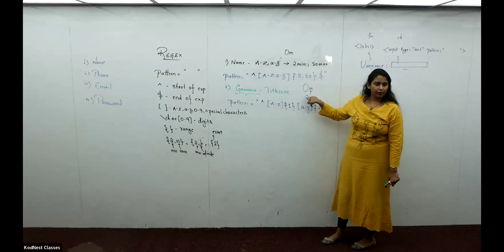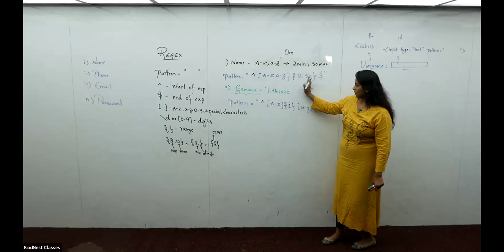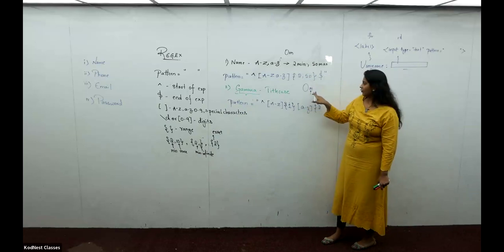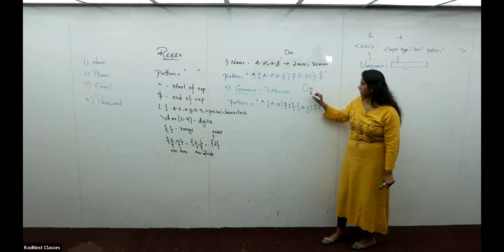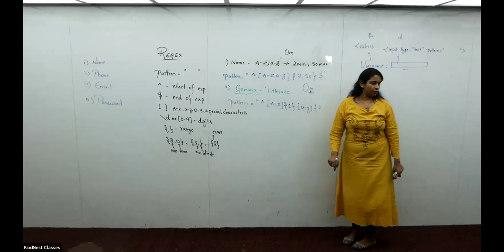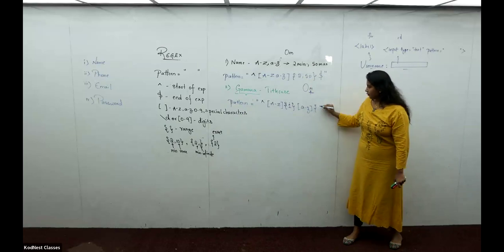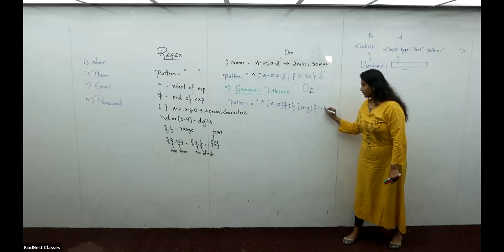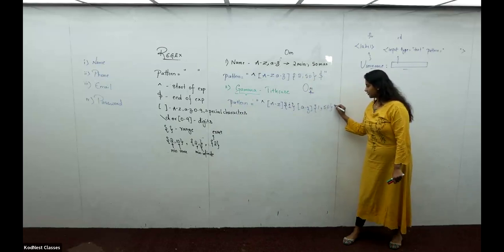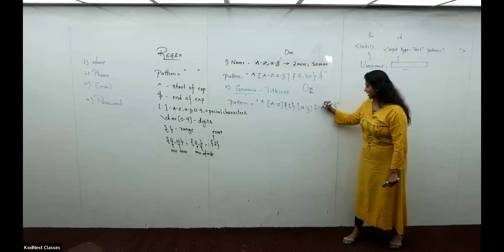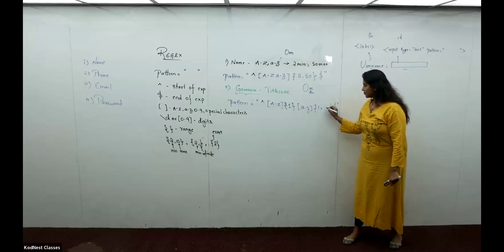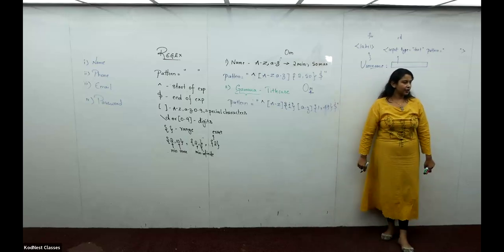Can I write Om if you give it as 2? No. Minimum exactly 1 you have added. And if you give minimum 2, I need to have minimum 2 small letters, but Om can't be given that time. Right? So minimum 1 and maximum 50. Exactly 1 given, right? So maximum 49. Got it how to write this?